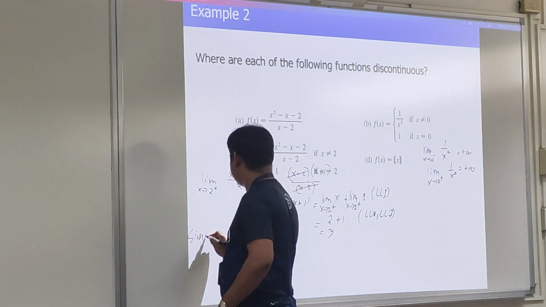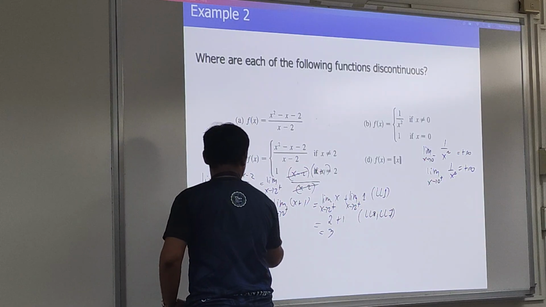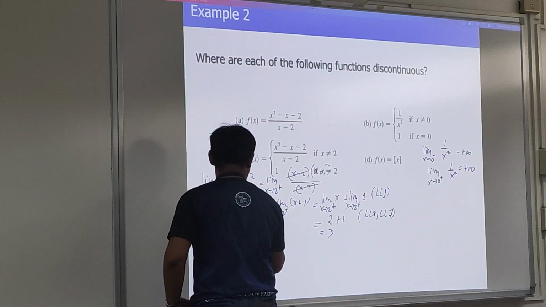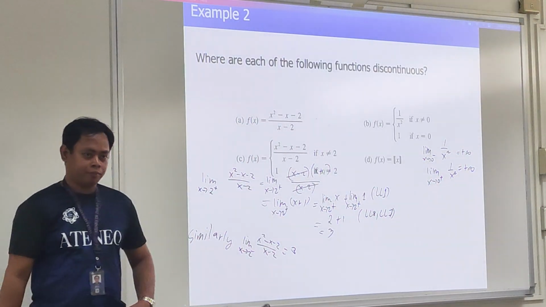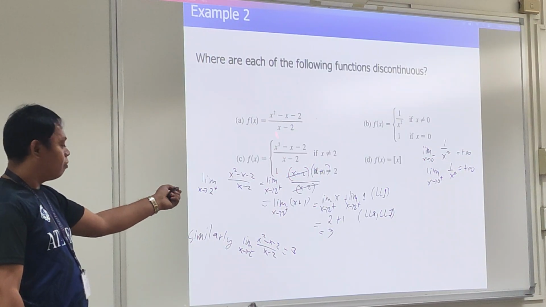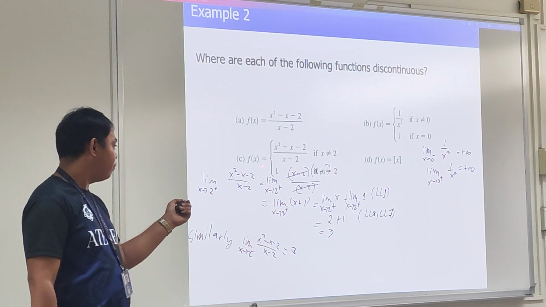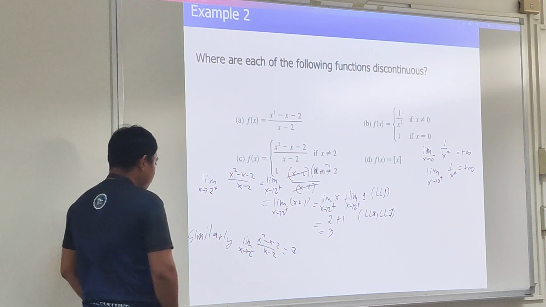Similarly, the limit of x squared minus x minus 2 over x minus 2 as x approaches 2 from the left is equal to 3. But the third condition, the limit of your function is not equal to your f of 2.